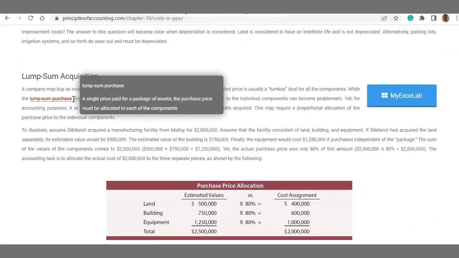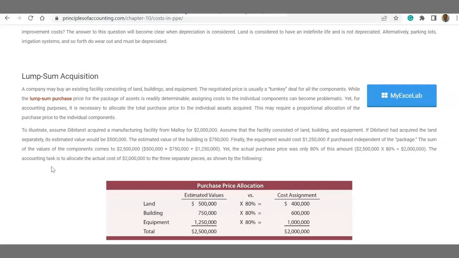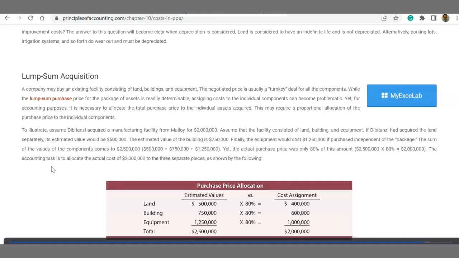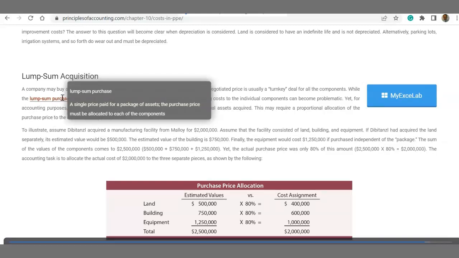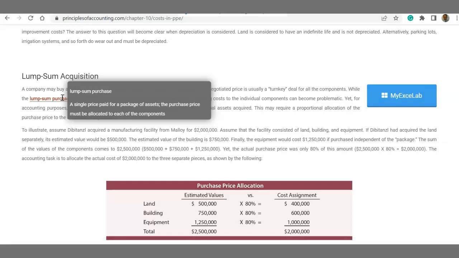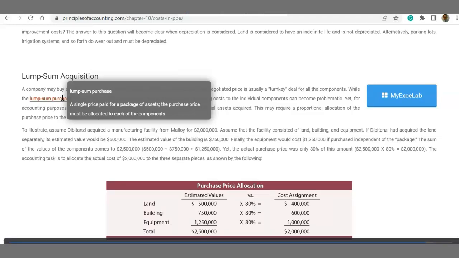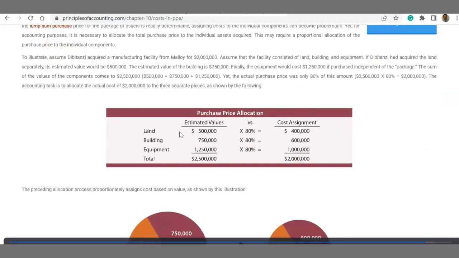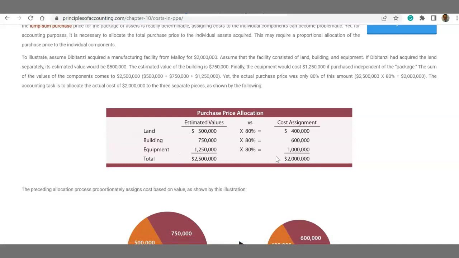Here you are talking about lump sum acquisition of an asset, like a basket purchase. That's a single price paid for a package of assets, or basket purchase. The purchase price must be allocated to each of the components based on weight. So let's say here you paid a total of $2 million to buy this, which is a little bit of land, a little bit of building on the land, and some equipment in the building.